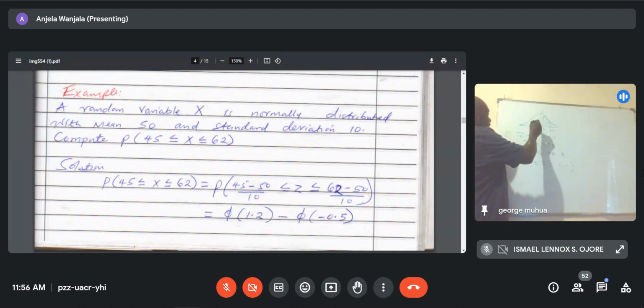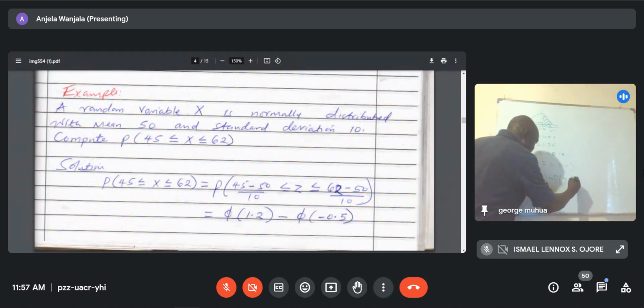From the table, I can get the area from 2.11 backwards, so that is the probability that Z is less or equal to 2.11. Then I subtract the area from 1.21, that is, Z less or equal to 1.21.